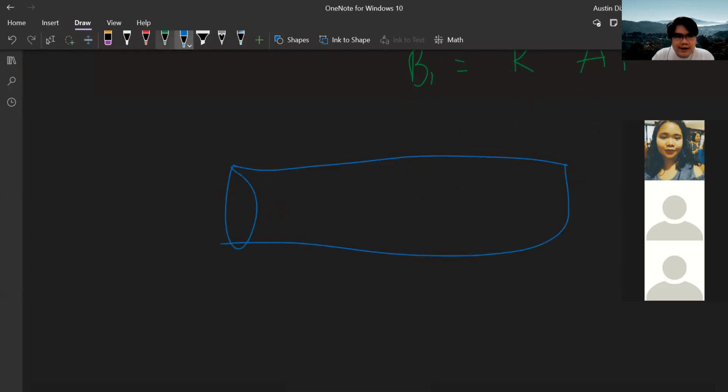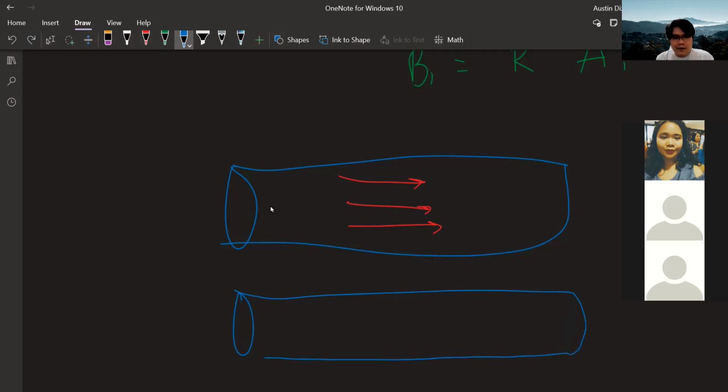And then you polarize it in some direction along its length. Okay. So, kuwari may field ka na ganyan. So, bombard mo siya ng field. So, siyempre, ang mangyayari sa kanya, at some point, yung cylinder mo magiging polarized na rin. Okay? If you bombard it with strong electric field in one direction.